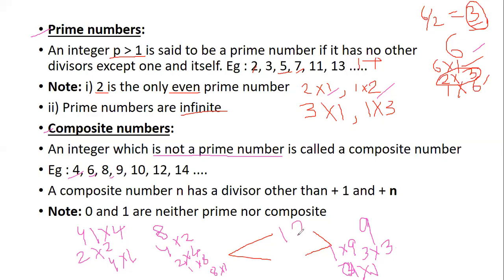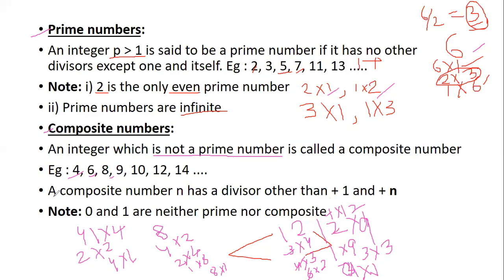If you take 12: 3 4s are 12, 4 3s are 12, 6 2s are 12, this is also there, and then 12 1s and 1 12s. So with 12 you have 1, 2, 3, 4, 5 pairs of divisors. You have many options to arrive at 12. Correct. So such numbers which have more divisors are called composite numbers.